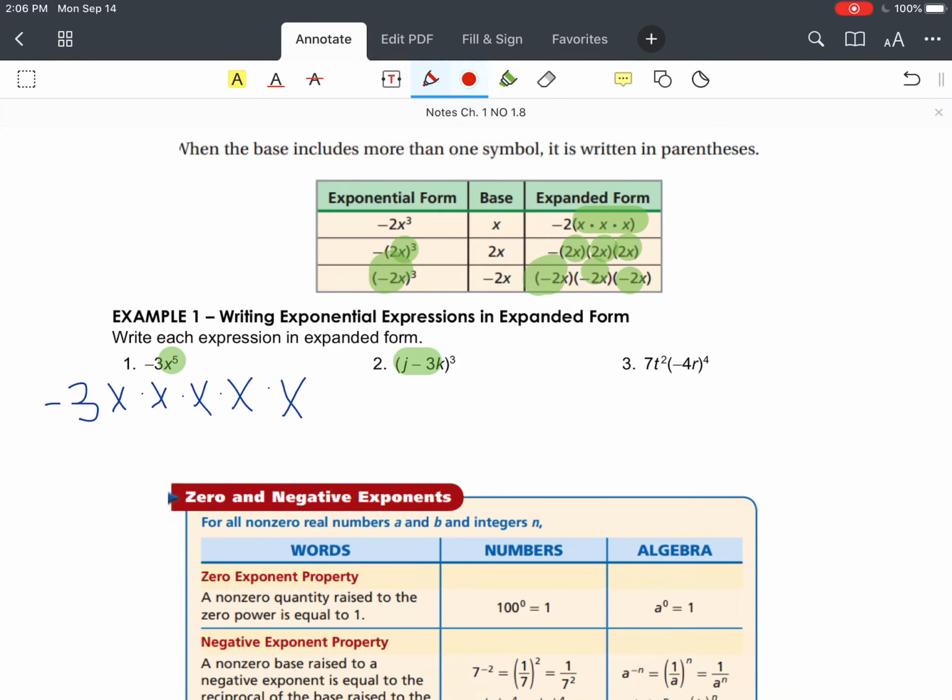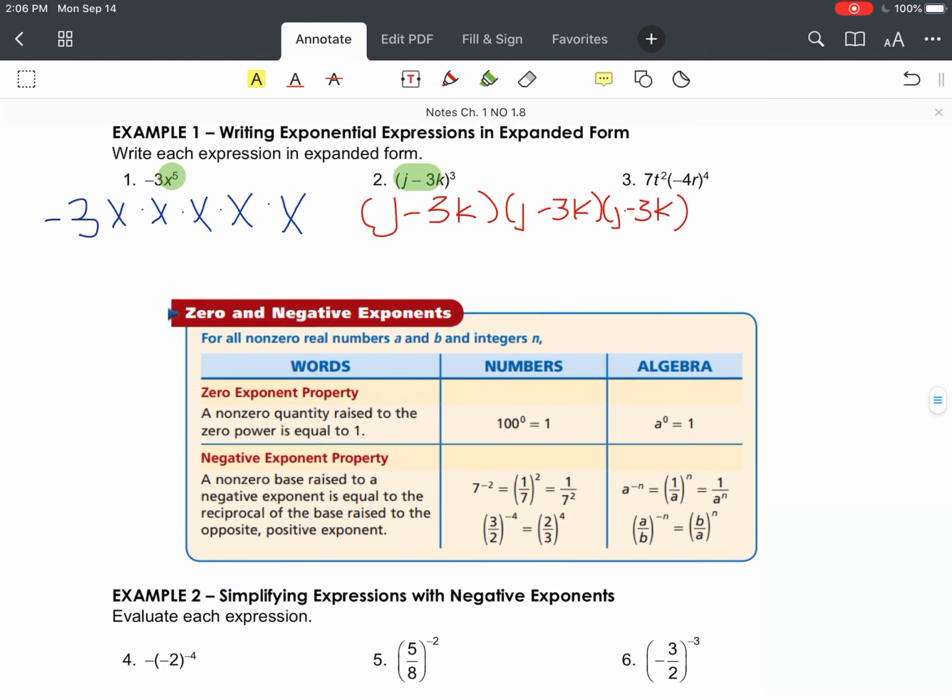So you're going to write j minus 3k 3 times. Now, in number 3, think about it. What is being raised to the 4th power? Only the thing in parentheses is. So pause the video, try number 3, expand out what's in parentheses, and check your answer against the key.